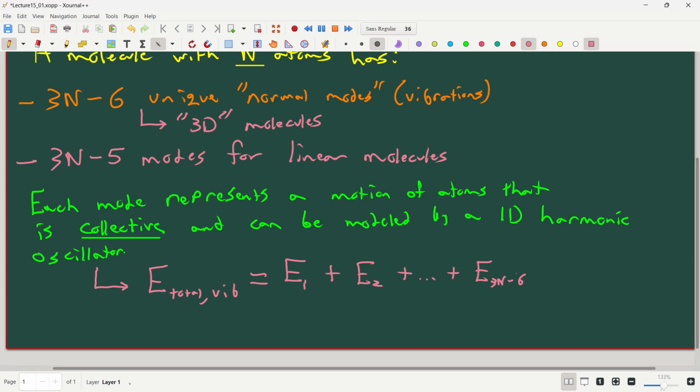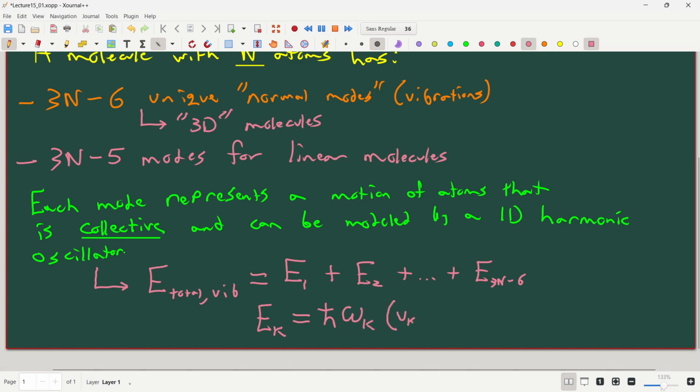Right? And how do we calculate the energies of the modes? Well, they're harmonic oscillators. They look like diatomics. They're a function of a single coordinate. So E sub k, which is the kth mode, is equal to h bar, it has a unique frequency omega k and a unique quantum number, v sub k plus 1/2. Right?